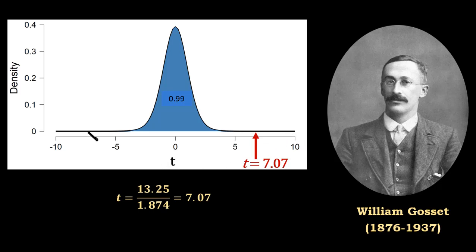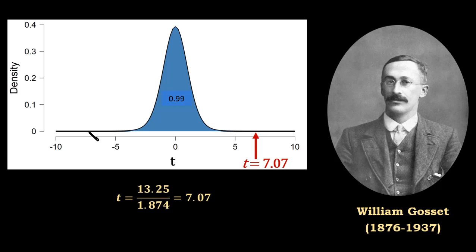But we have to consider the two extremes, because we don't have a directional hypothesis in which we say we expected A to be better than B. And so because we don't have a directional hypothesis, we have to look at the two sides, two tails of the distribution. So we need to look at 7.07 or more and negative 7.07 or less.